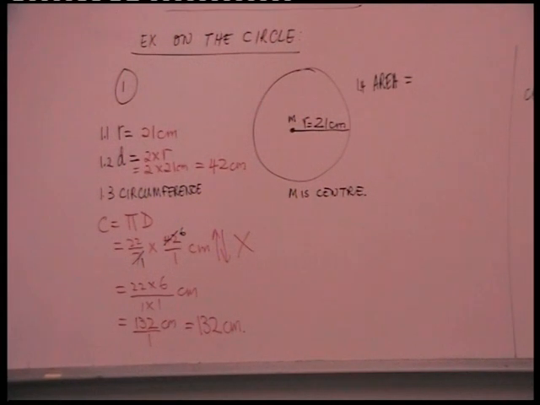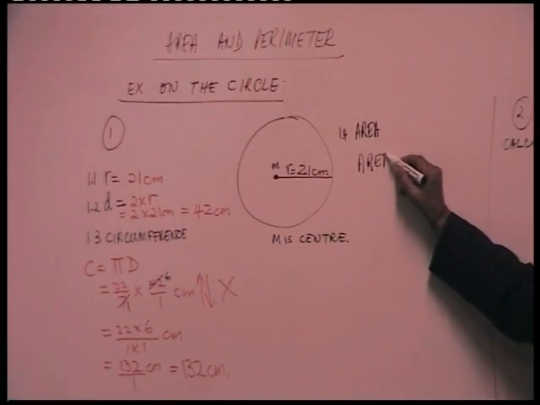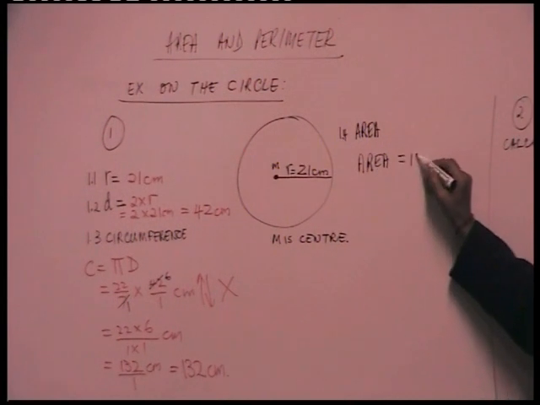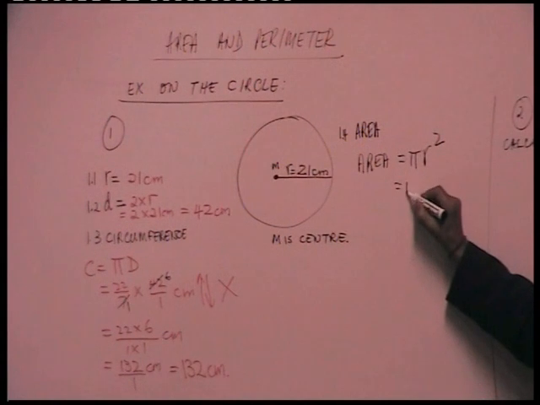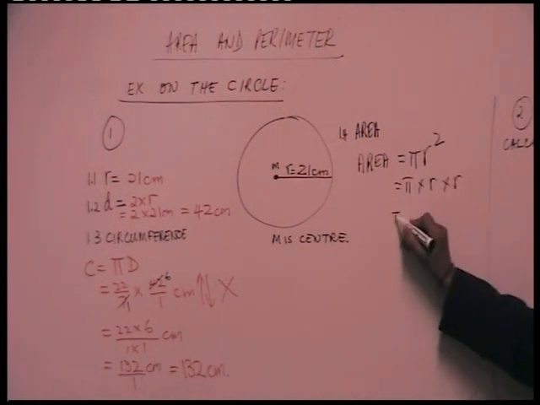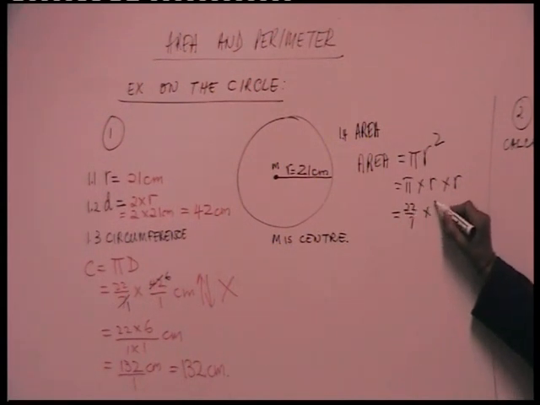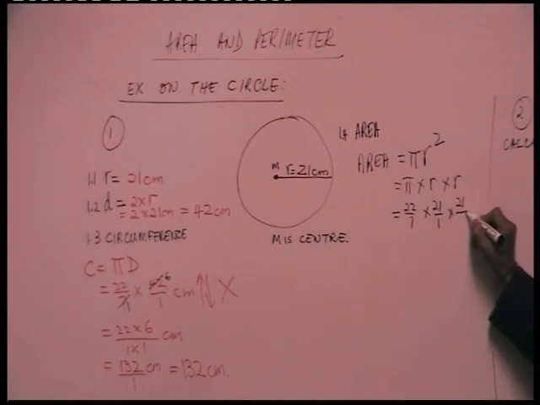Right? Okay. I will move over onto the other side to find the area. The area is equal to pi r squared. That means pi times r times r. Pi is 22 over 7 times r is 21 over 1 times 21 over 1.